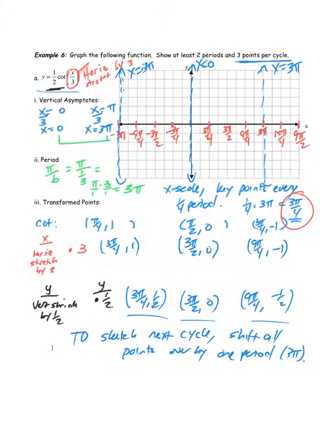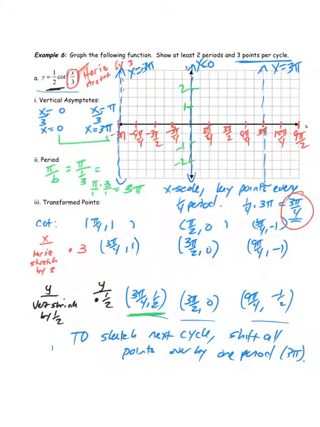Now let's plot a few points. So I'm going to plot these key points that we found. So that's, here they are, 3 pi over 4, 1/2. Oh, I need to set the y scale. I'll let 2 units be 1, 2 squares be 1 unit. So that'll be 1, -1, -2. Always set scales on both axes.